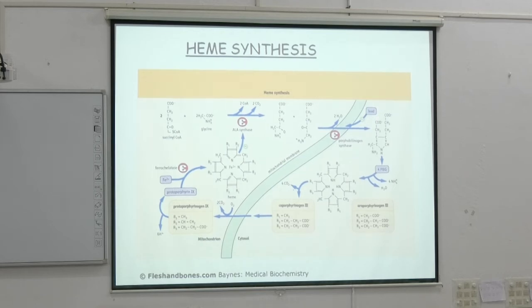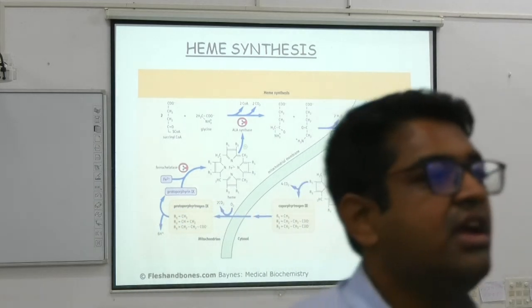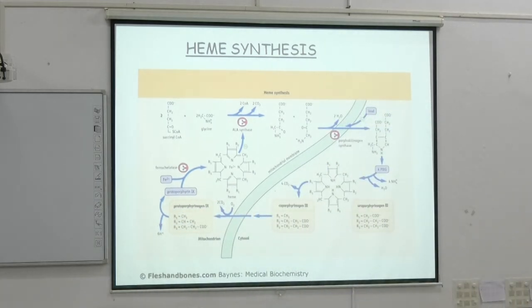The first thing is structural stability, and the second thing is absorbance of light. So there is a way to detect excreted porphyrins in your urine in order to detect the different enzymatic disorders.